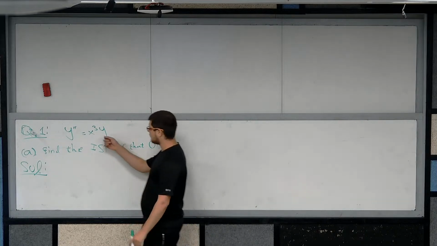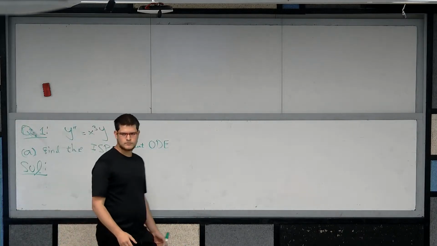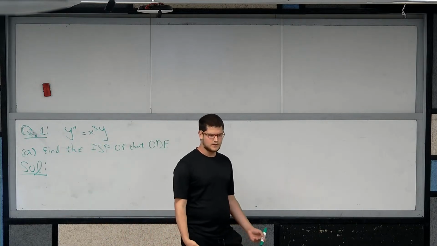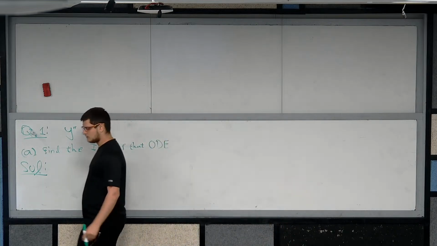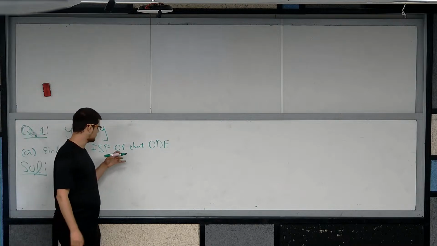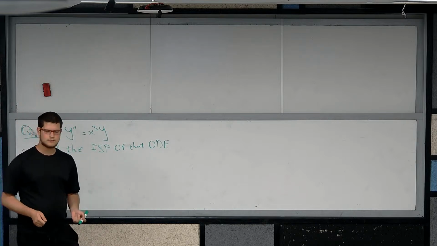For every real x, the equation is continuous and we don't have any explosions. So the only thing left that is suspicious for an irregular singular point is the infinities, right?